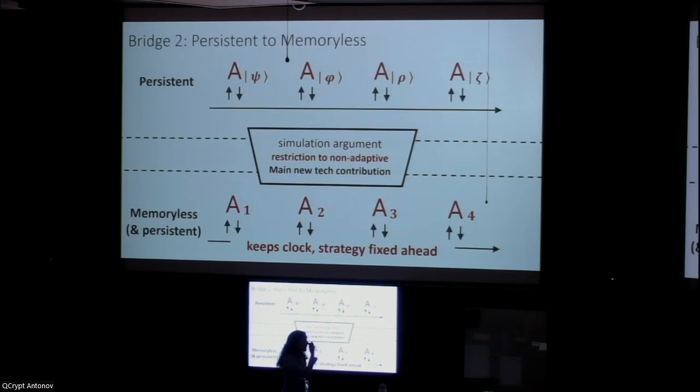So the main thing here is the way we do it, and this is, by the way, the restriction to non-adaptive, which, again, as I said, I do not think is inherent. We show how to go from a persistent adversary that may change arbitrarily, adaptively, each time, to one that forgets it may change. So here we have adversary 1, adversary 2, adversary 3, but adversary 2 is independent of the question that adversary 1 got.